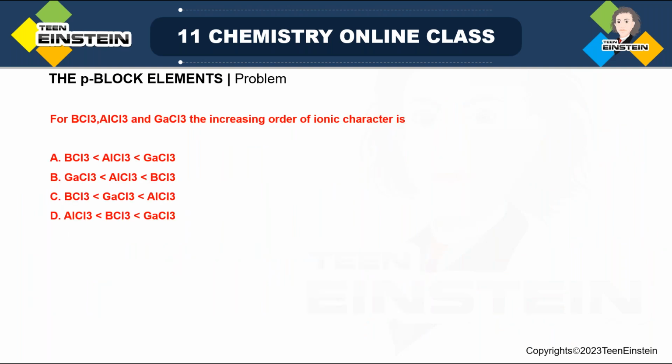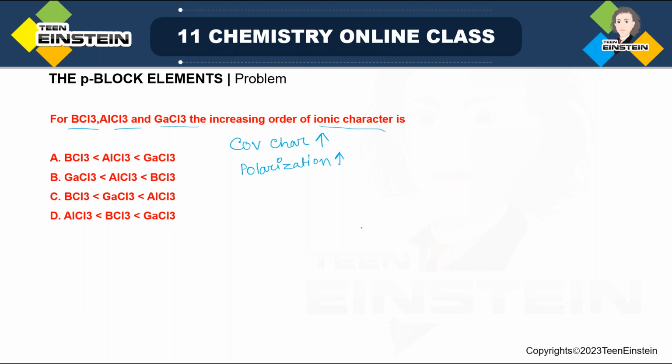For BCl3, AlCl3, GaCl3, the increasing order of ionic character. Now, if we talk about covalent character, that will be high when polarization is high.